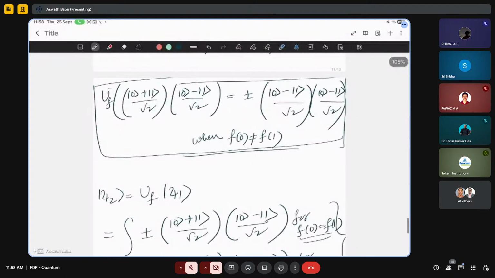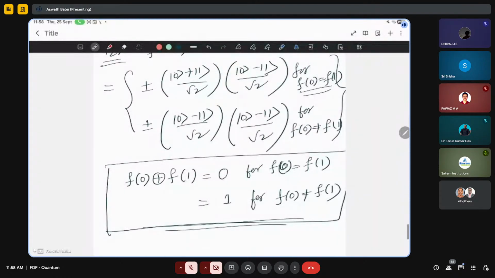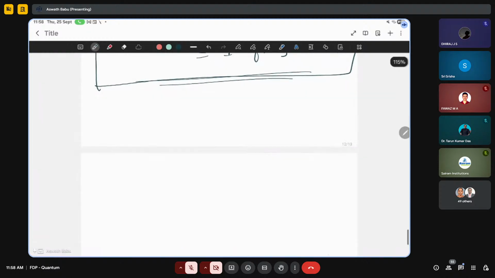There is a positive superposition at the control, and there is a negative superposition at the control. Now let me find out what psi 3 is. Psi 3 is Hadamard acting on the control, nothing on the target. This is psi 3.